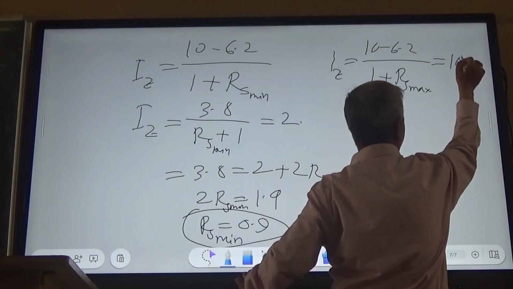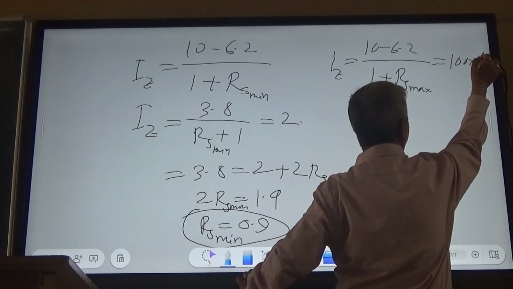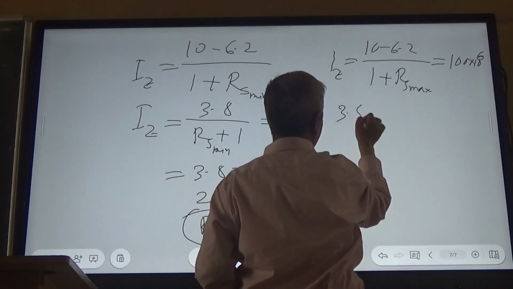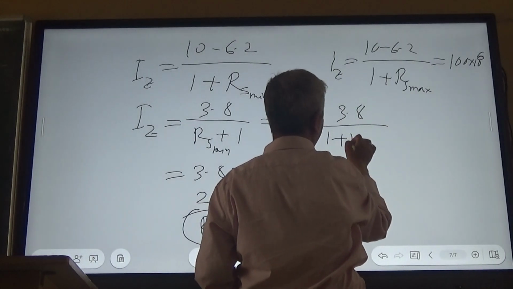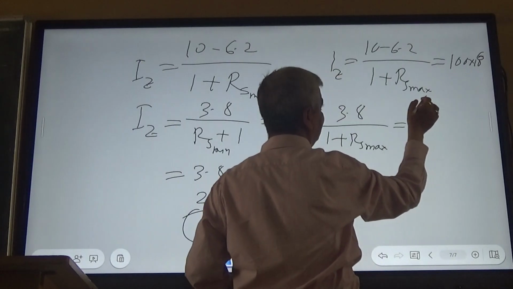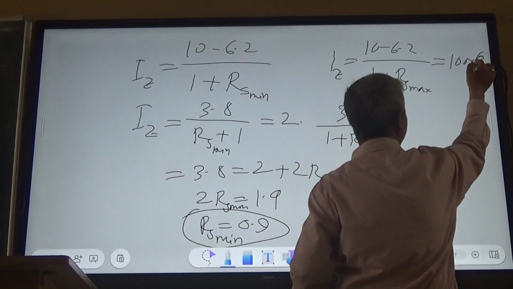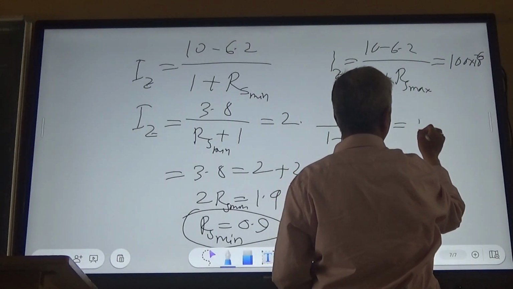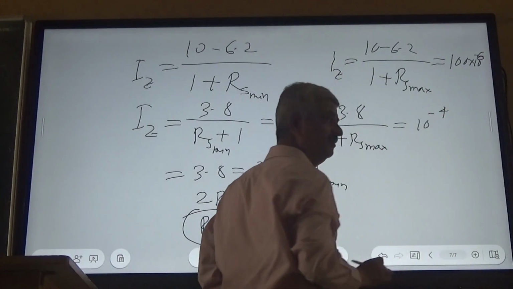It is 100 into 10 raised to minus 6. So 3.8 upon 1 plus Rs max should be equal to 10 raised to minus 4.